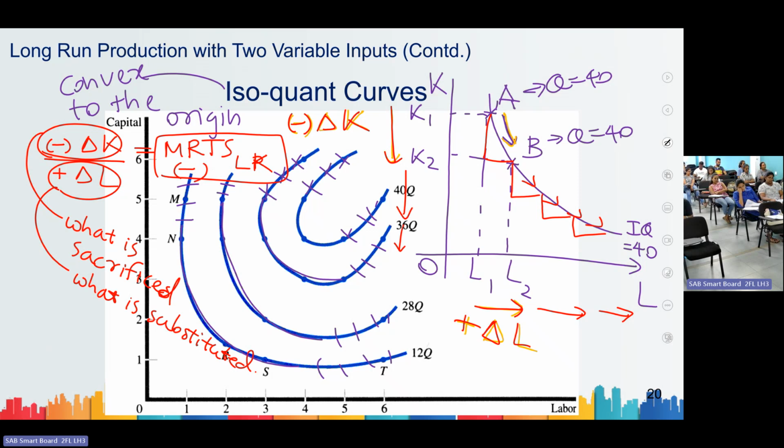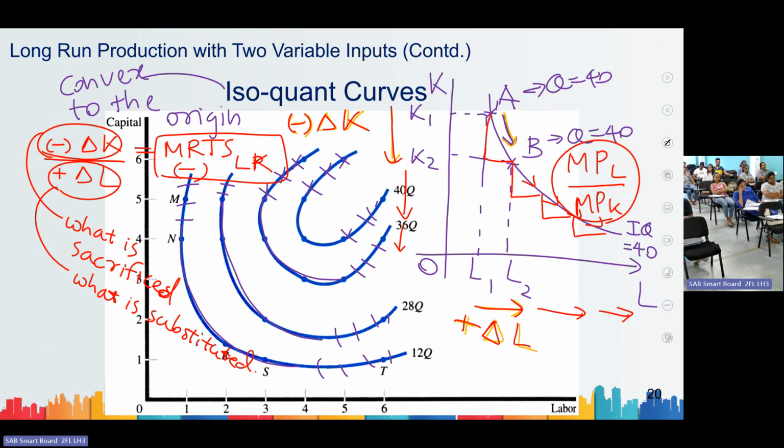We can also measure the marginal rate of technical substitution in an alternative way. That is, marginal product of labor divided by marginal product of capital. We can alternatively measure the slope of an isoquant curve, which is the marginal rate of technical substitution of labor for capital, in this way.